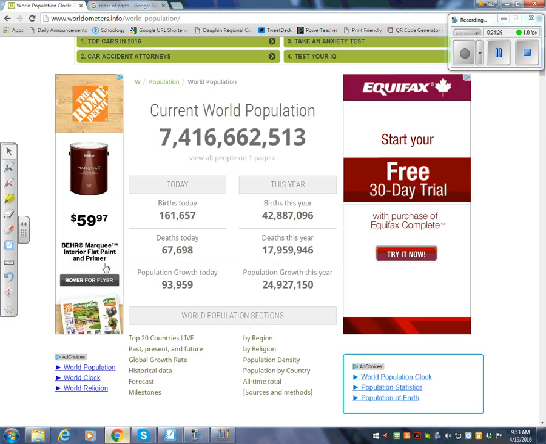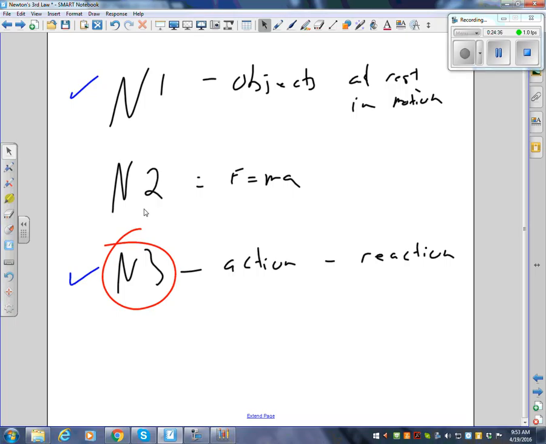The reason I put the world clock up there was because you can see how many people there are on Earth, about 7.4 billion. How much does the average person weigh? In pounds, the average man is probably about 175.